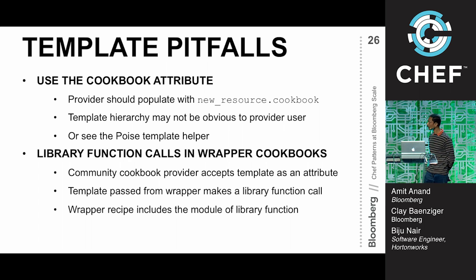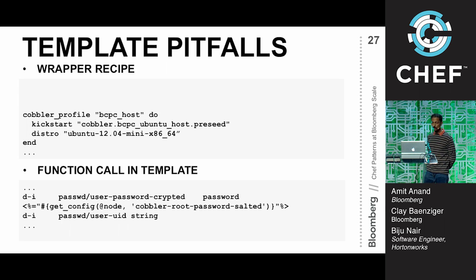And in our wrapper cookbook, we have a function call. So just to show you in code, this is the wrapper recipe, or a section of it, which calls that Cobbler cookbook's provider, and then we are passing the cobbler.bcpc_ubuntu_host.preseed as a template.